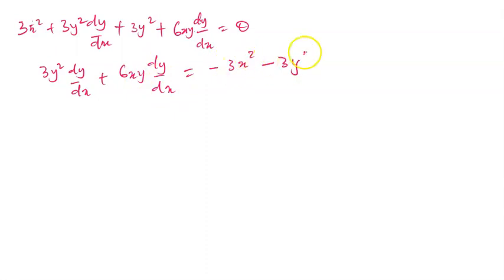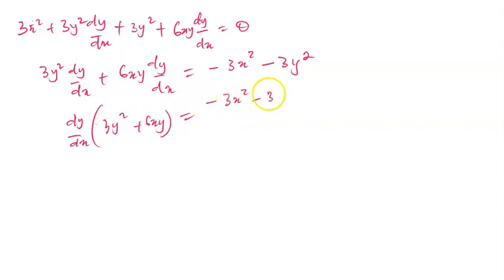Every place I don't have dy/dx, I've moved to the other side, so that I can now collect my dy/dx. So dy/dx times 3y squared plus 6xy is the same thing as minus 3x squared.